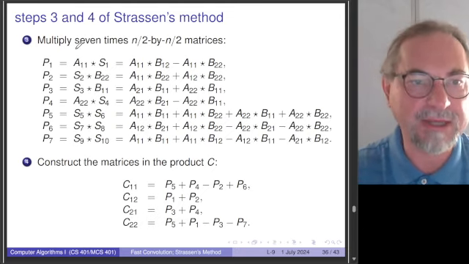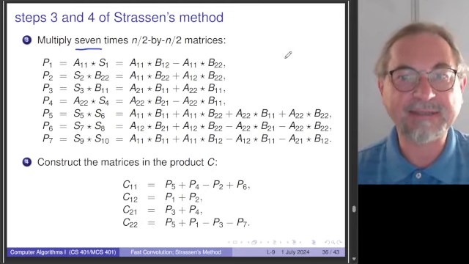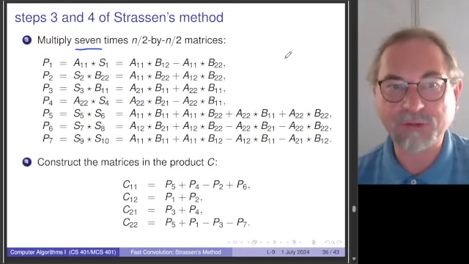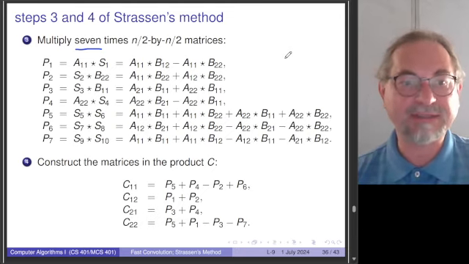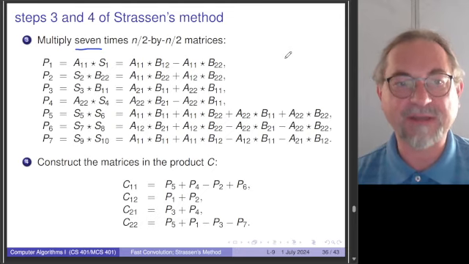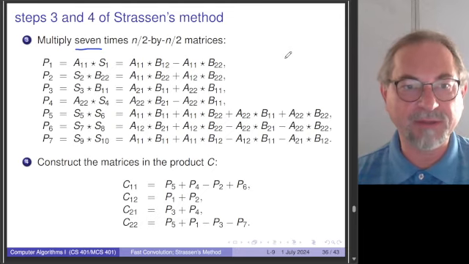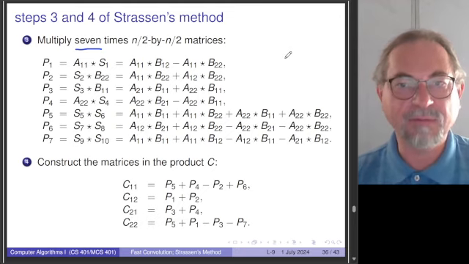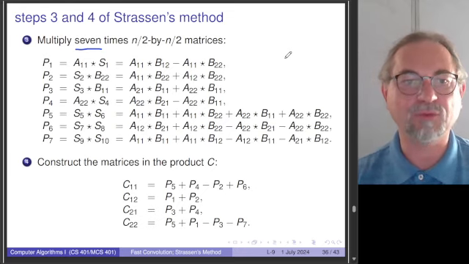The key part, and we will go very carefully through the correctness, is that instead of 8 matrix multiplications of matrices half the size, we have 7 of them. We have 7 products where we multiply the blocks of A with blocks of B and those submatrices S1 to S10.